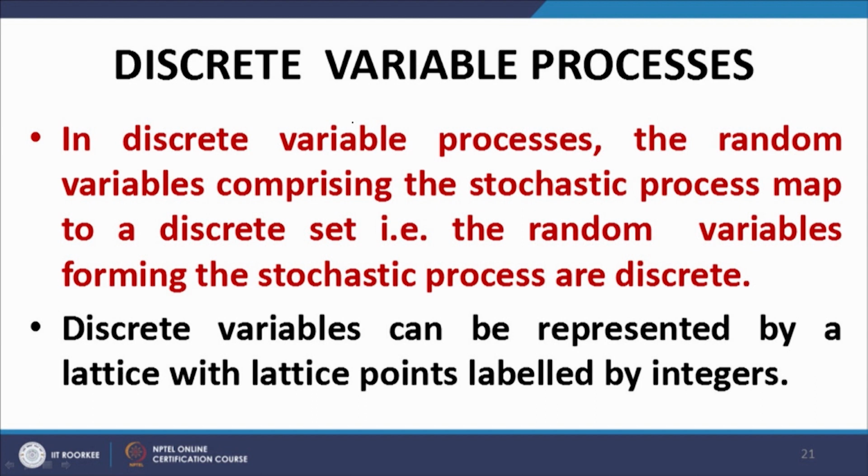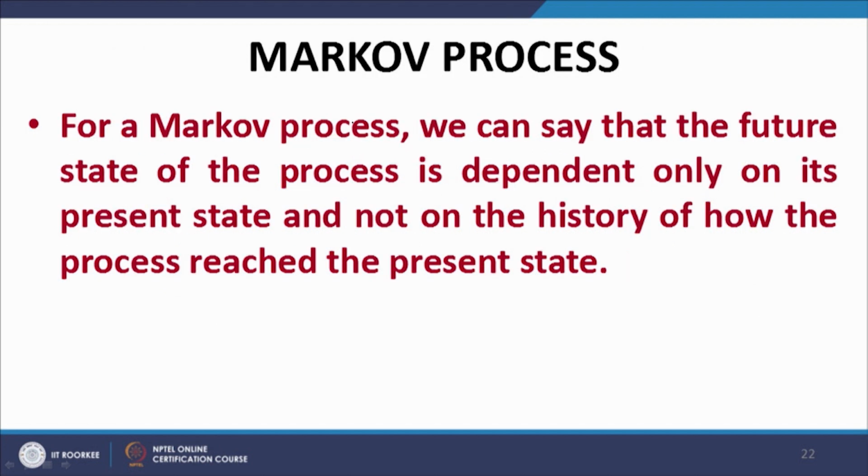They cannot take any value within a continuous interval or set. They can take only discrete values within a set of possible values. So, that is a discrete variable process. Discrete variables can be represented by a lattice with lattice points labeled by integers.